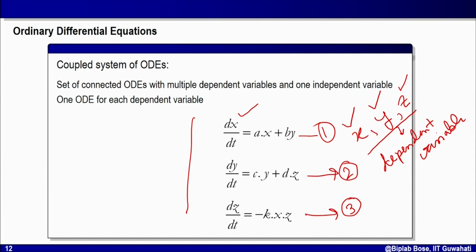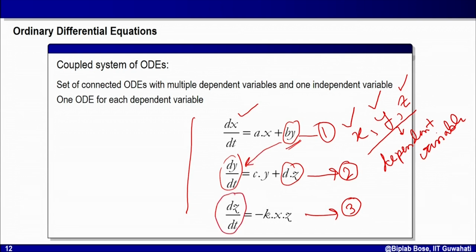One interesting thing in this set of ODEs is that dx dt has a y term, whereas dy dt has a z term. That means if I have to know dx dt, I have to know y, and that is controlled by its own derivative again.